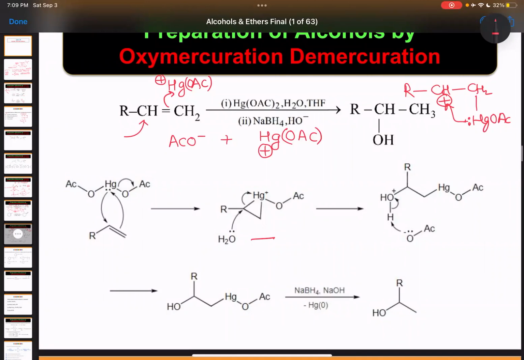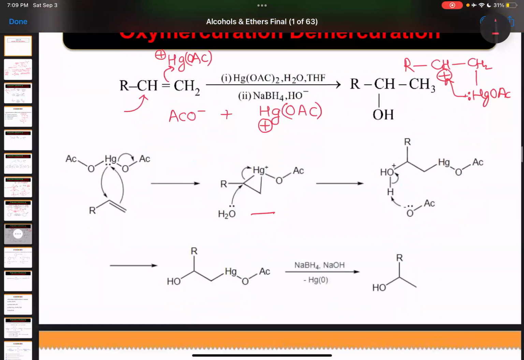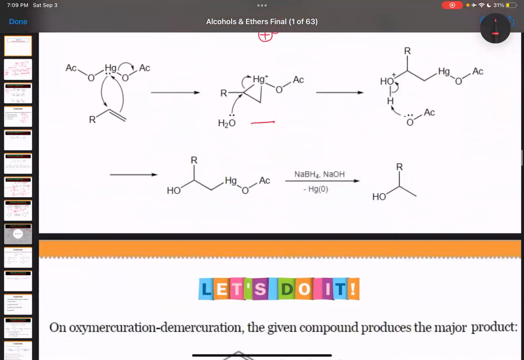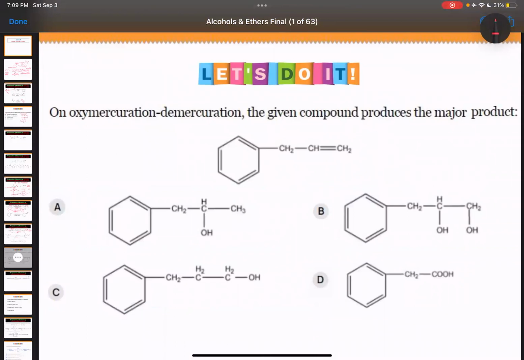Why? Because the mercury has formed a closed, cyclic cation. No one will ask you to write the mechanism, but you need to know the keywords and the main purpose. Is it clear? So let me give you this question and let's answer it.